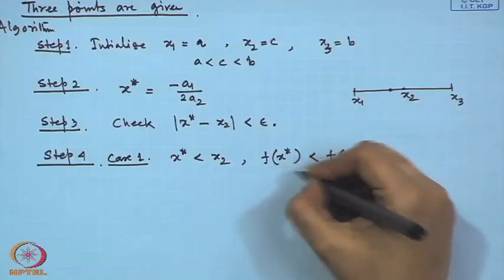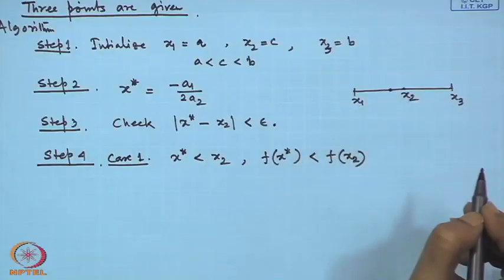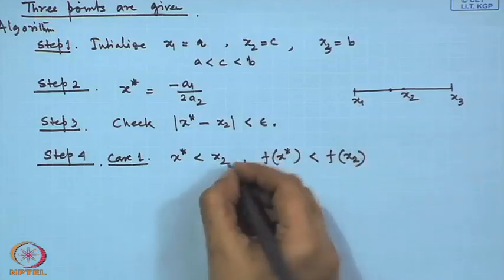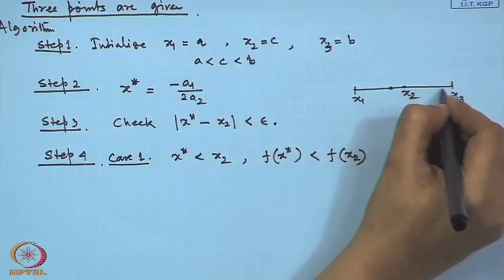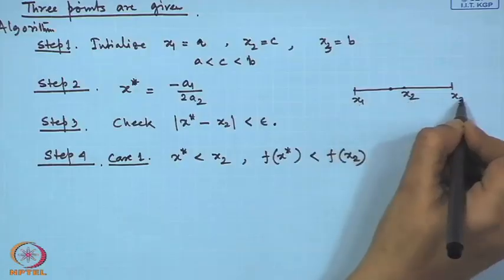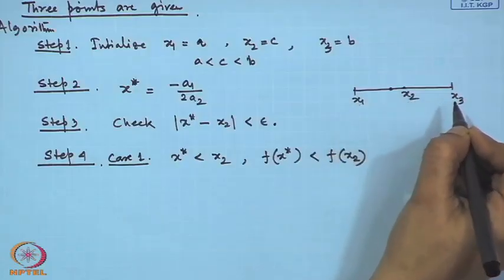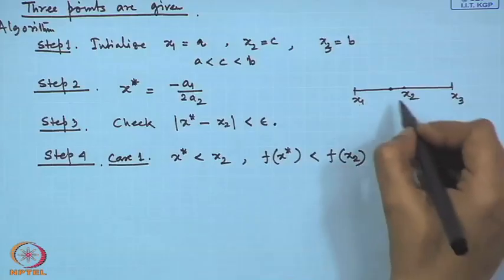Now, f(x star) is lesser than f(x2). That means it is very clear that the optimal value cannot lie from x2 to x3, as I assume that the function is unimodal in the interval x1 to x3.